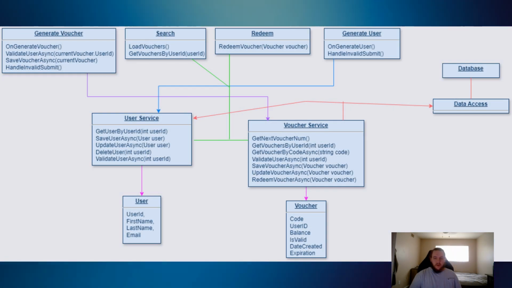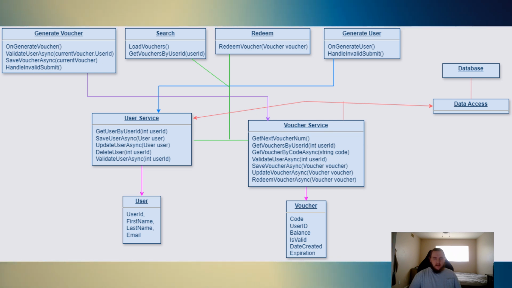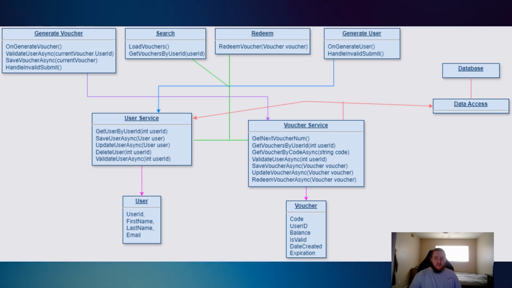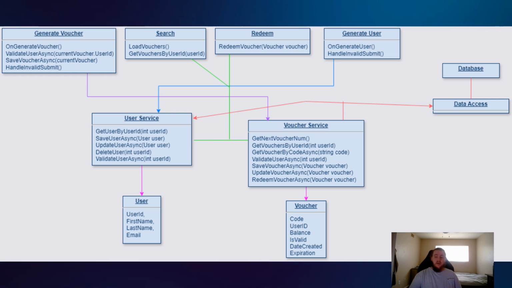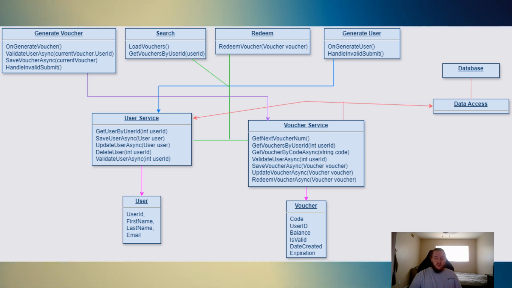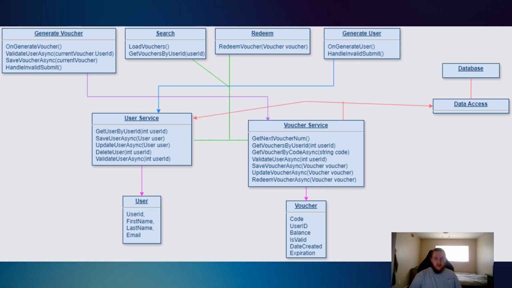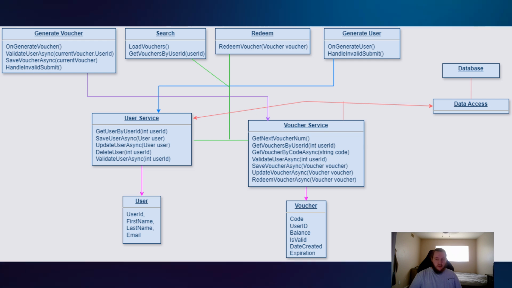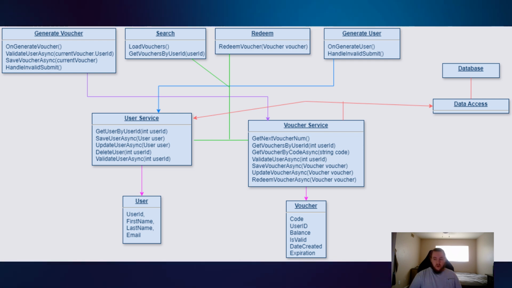The next diagram I'll be going over is the database schema. The database schema defines how data is stored and organized within the system. The key tables include users, which stores user information like user ID, first name, last name, email, and the user ID is the primary key. The next table would be the vouchers table, which stores voucher details like voucher ID, balance, expiration, and code.